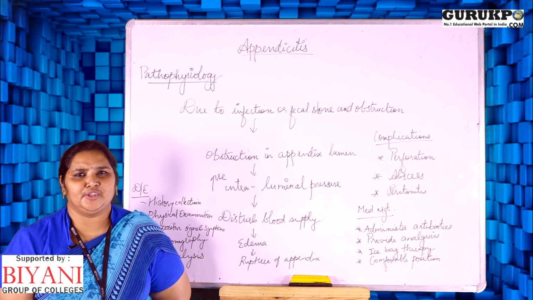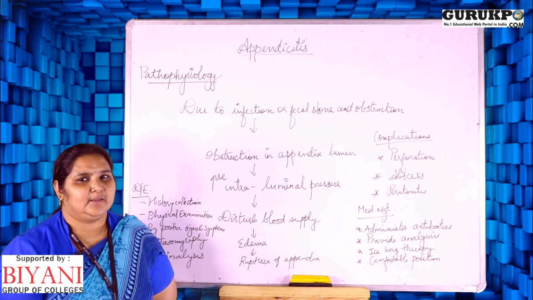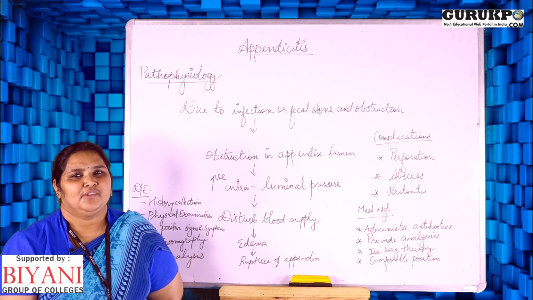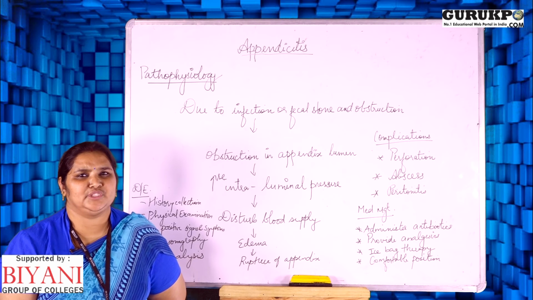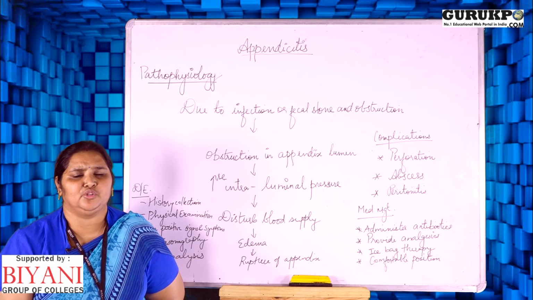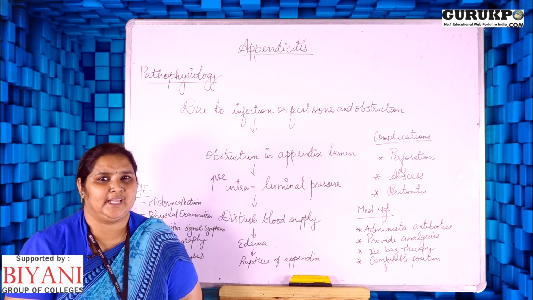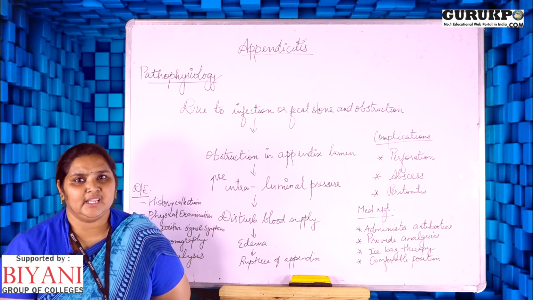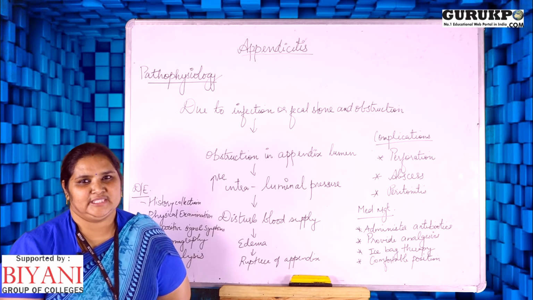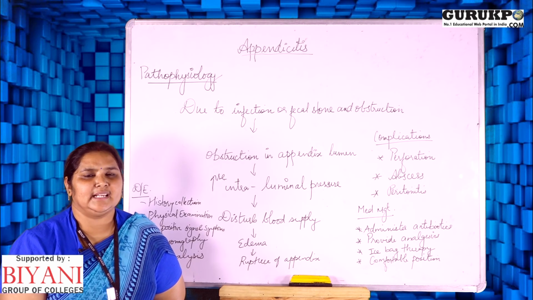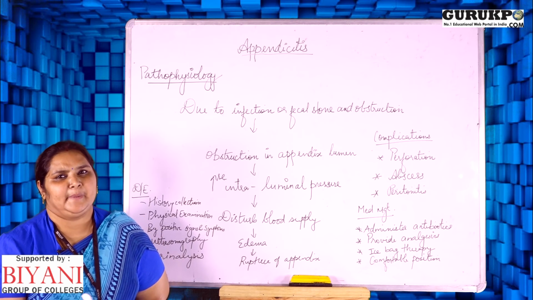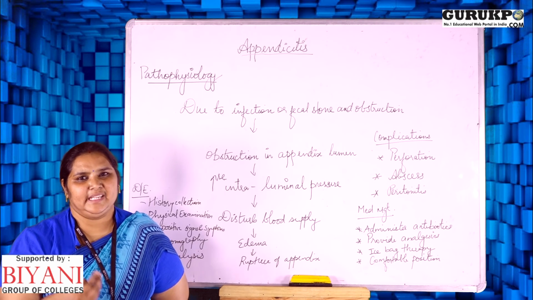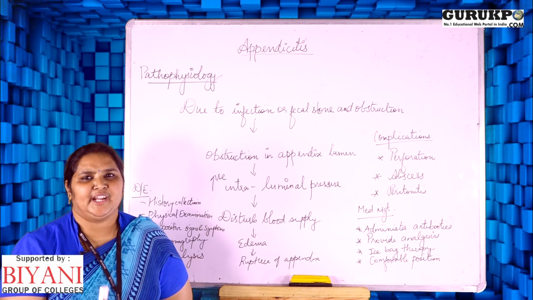The person does not know about the surgical procedure to be done on his body, so we explain the procedure to the patient, and first of all we obtain consent from the patient and the patient's relatives that we are doing a surgical procedure and this is the procedure we are going to do. After that we admit the patient to the ward.